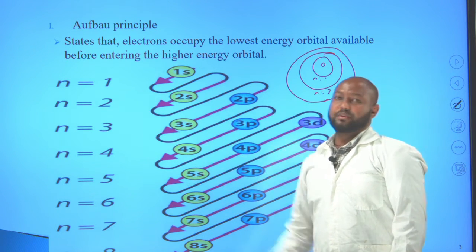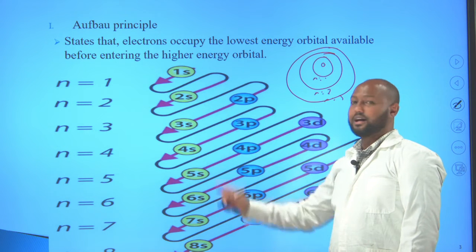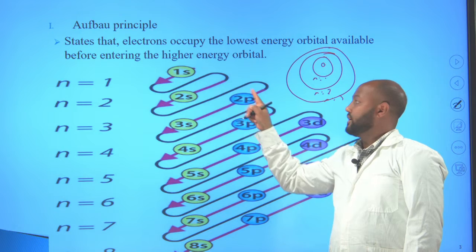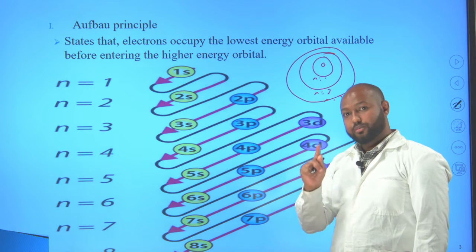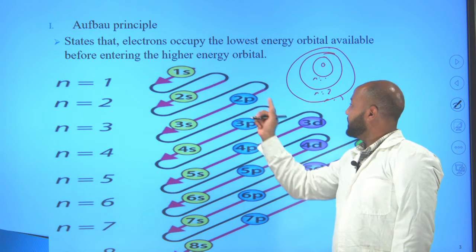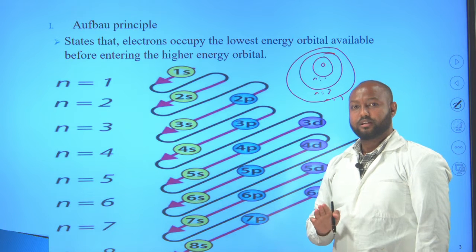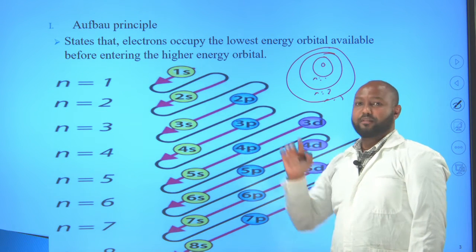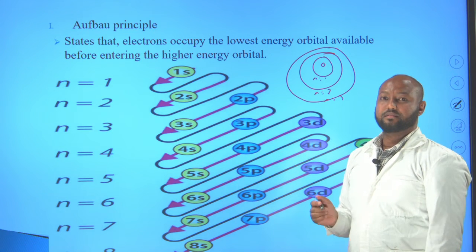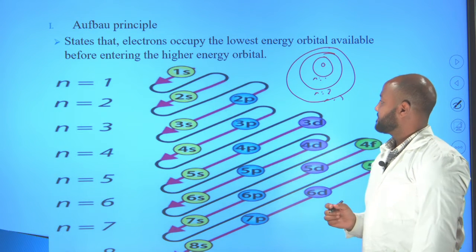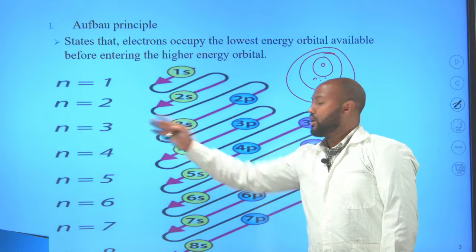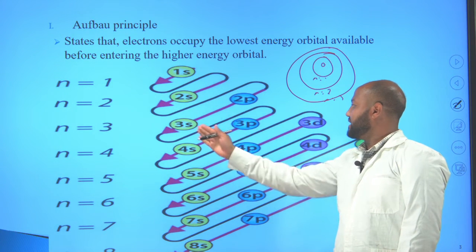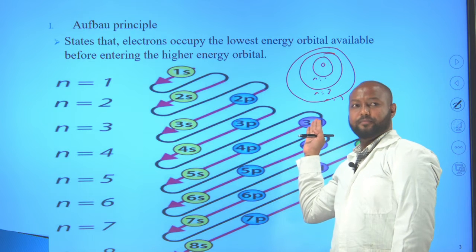The second energy level, n equals 2, has 2s and 2p. S has 1 orbital, p has 3 orbitals. Generally, it can have a maximum of 8 electrons. For n equals 3, the third energy level, it has s, p, and d.